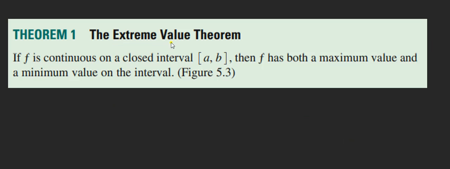The extreme value theorem says if f is continuous on a closed interval a to b, notice the word closed interval, it includes both a and b, then f has both a maximum value and a minimum value on the interval. So let's take a look at some examples.